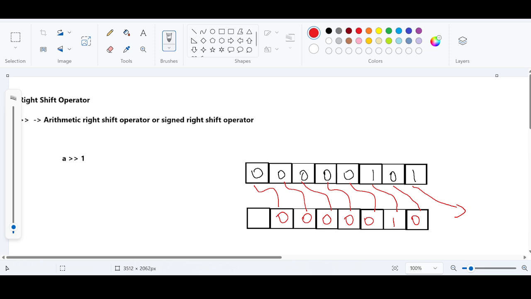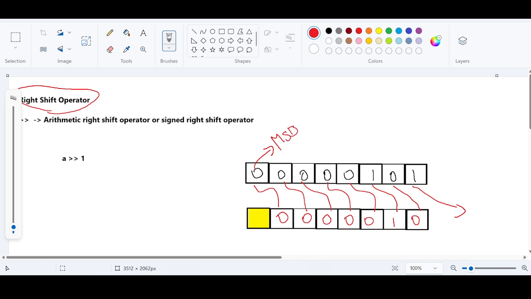Now the question arises. A void is happening here. There is a void space here. Always remember, especially for the right shift operator, this rule is applicable: when the void is getting created, find the value of the bit at the MSB.